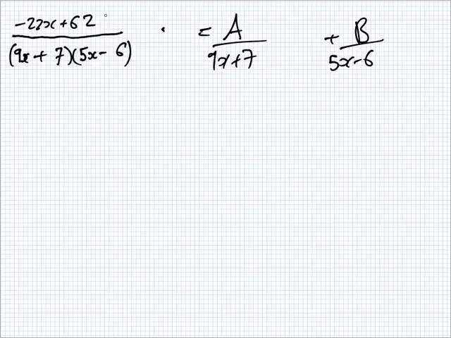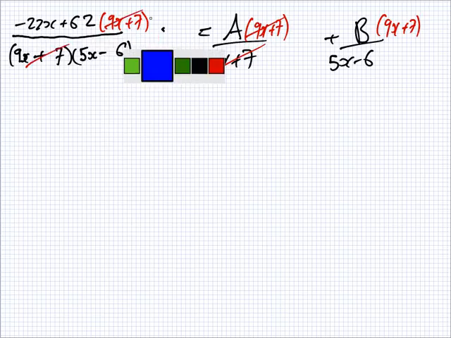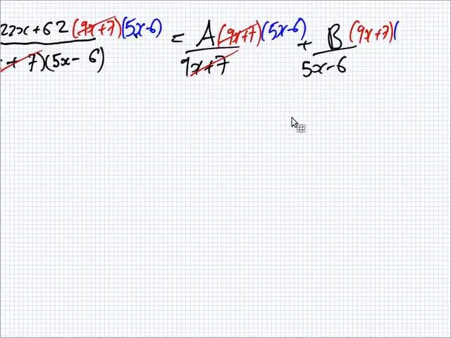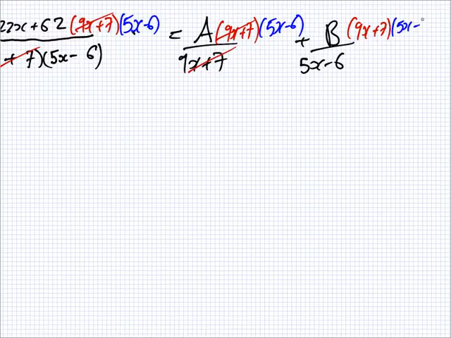So again, I multiply everything by 9x plus 7, cancel, cancel, cancel, cancel, 5x minus 6, cancel, cancel, cancel, cancel.